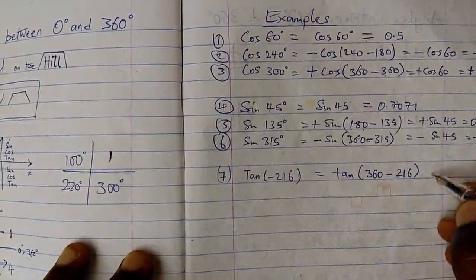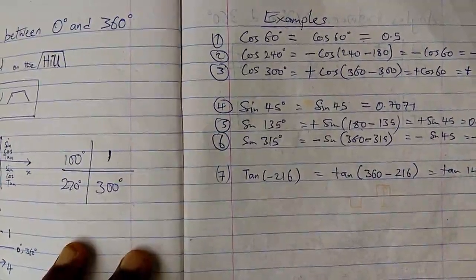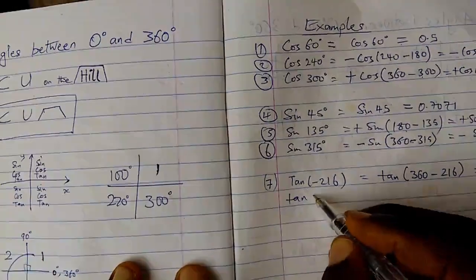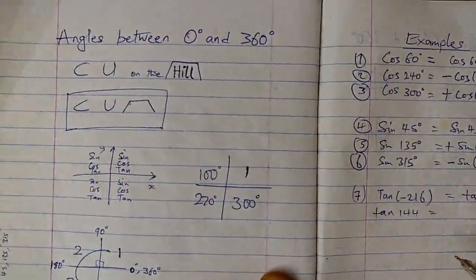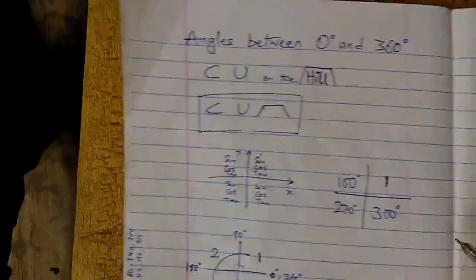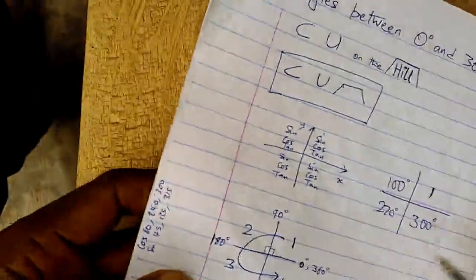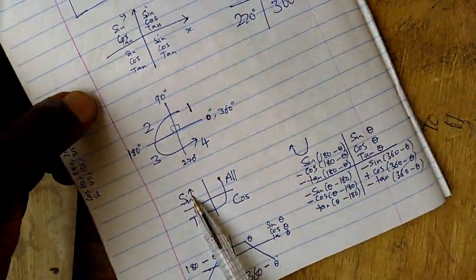If you subtract, you have tan 144 degrees. Then you can now follow the real pattern. For tan 144, you find out in which quadrant 144 is found. It's not in the first, it's in the second quadrant, and in the second quadrant only sine is positive.